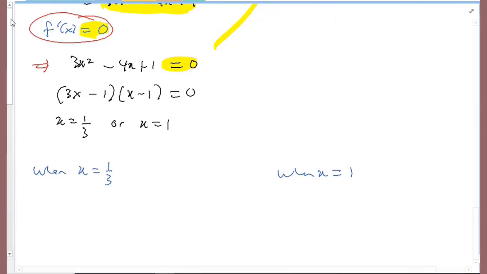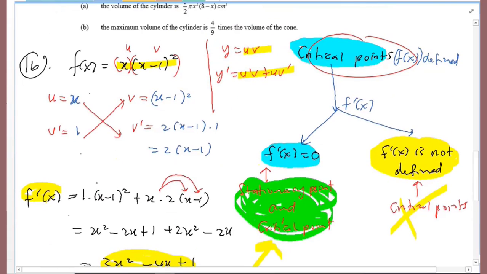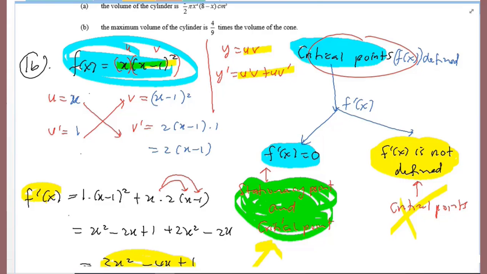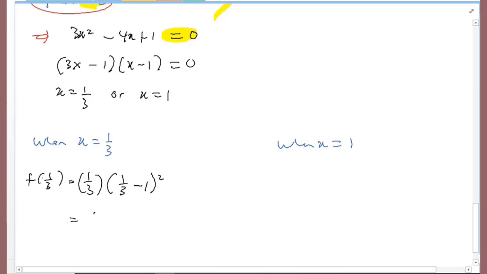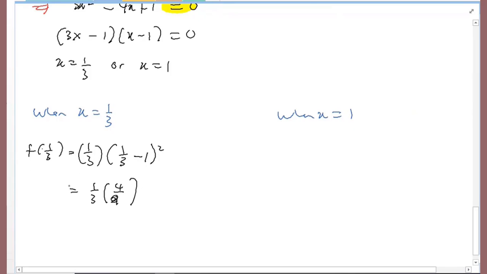So this is f of 1 over 3. Substitute 1 over 3 into this function. 1 over 3 times (1 over 3 minus 1) squared. 1 over 3 minus 1 is negative 2 over 3, squared is 4 over 9, and then times 1 over 3 gives 4 over 27.